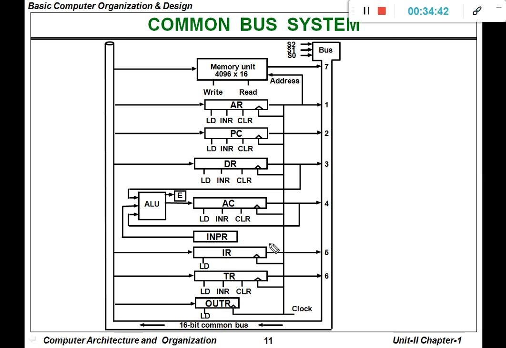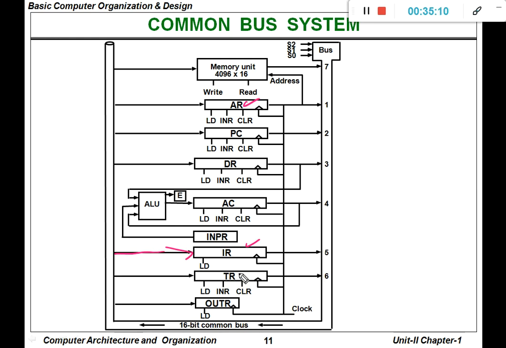Another important register is the IR, the instruction register. The instruction register is loaded from the common bus. It is fetched from AR. If it is an instruction, then it is stored like this into the instruction register. Similarly, the temporary register is like the accumulator register. To store temporary data, we are going to use the temporary register.